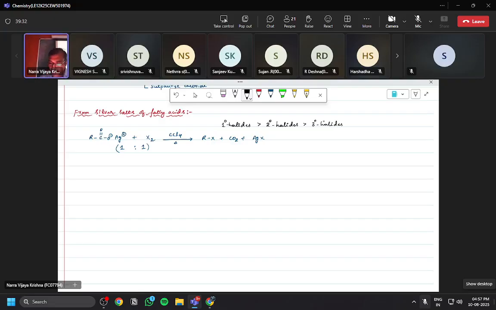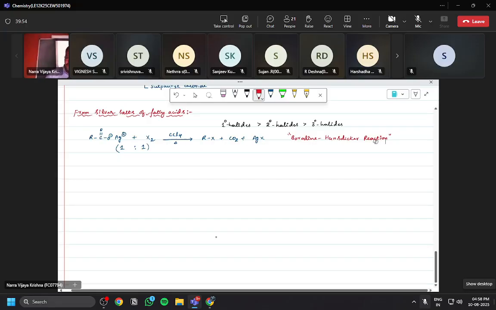We call this reaction as Borodin-Hunsdiecker reaction. So this is best to prepare alkyl chlorides and alkyl bromides, right?